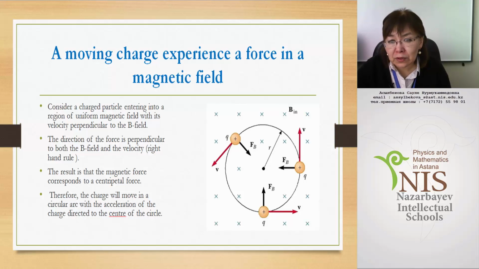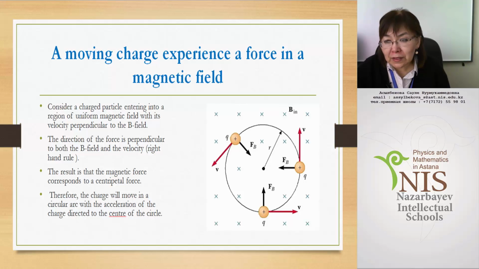It happens because the direction of the field is perpendicular to the direction of the velocity. Here we have used crosses, which means the field is directed toward the screen.